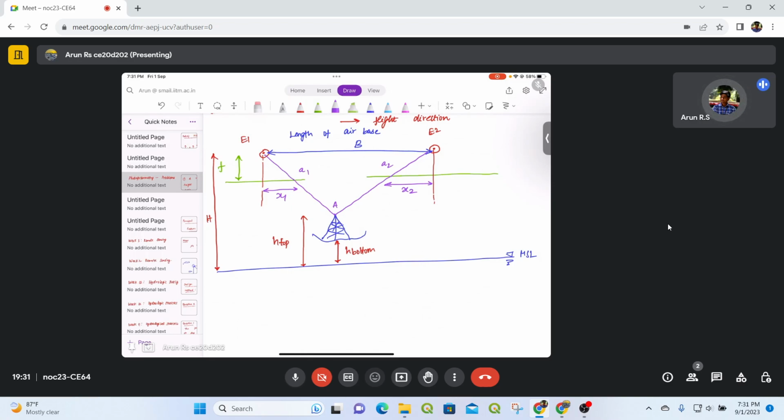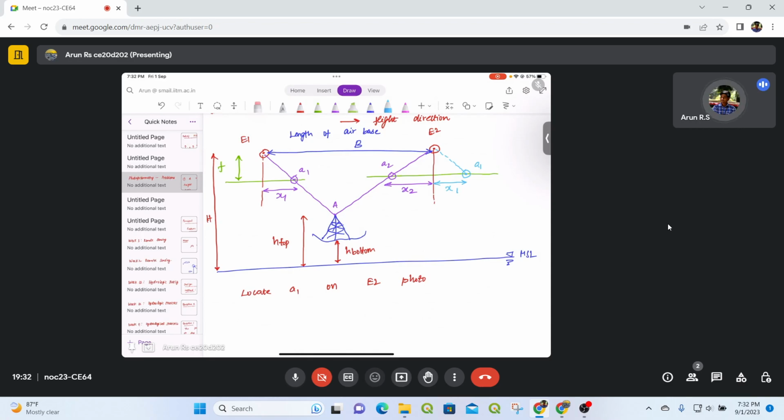Now what we are going to do is locate the point A1 on the exposure 2 photo. It will be somewhere here. So this is the point A1 from the first photograph, and this distance is going to be x1.